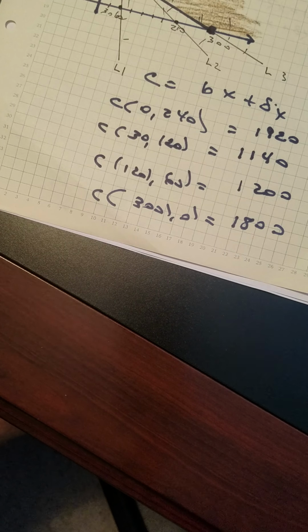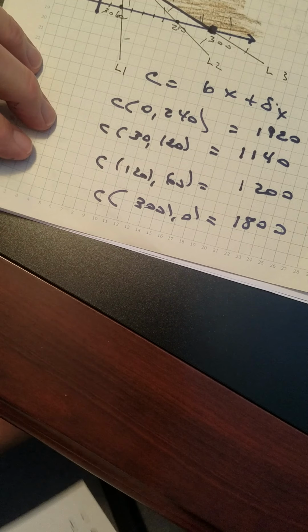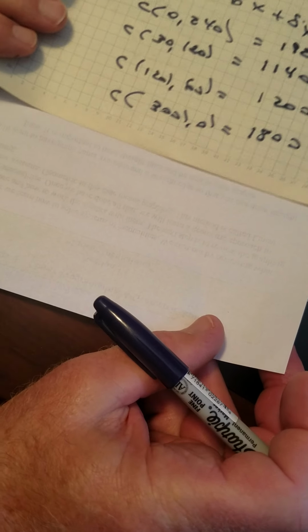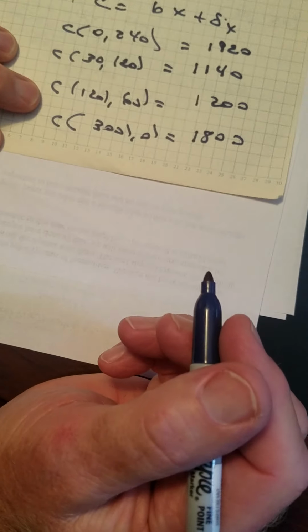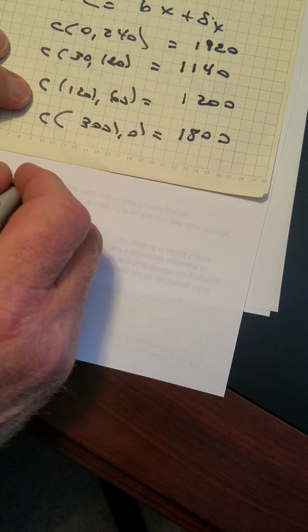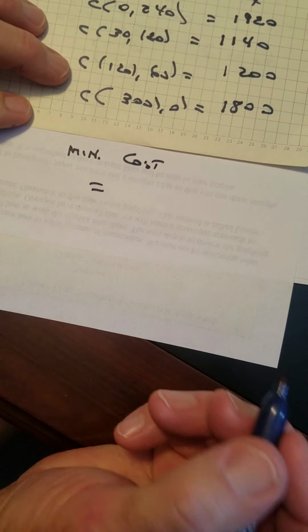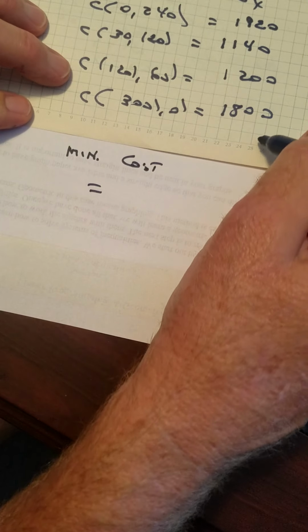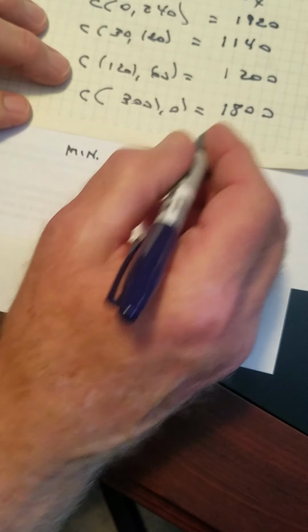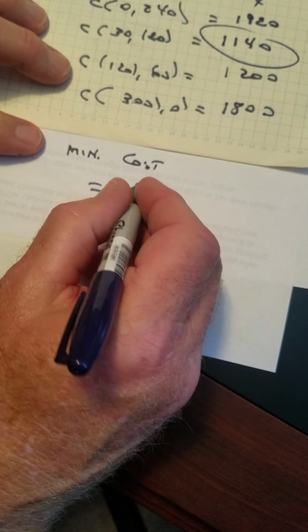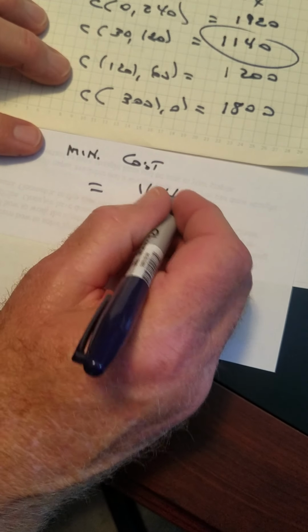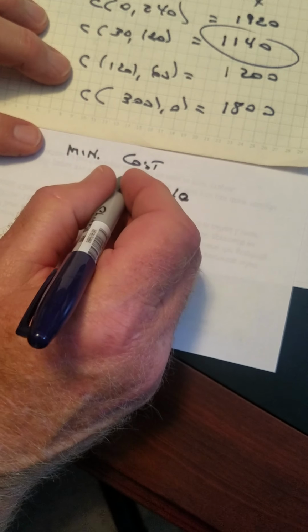So, finish it up here. We're finding a minimum. We want to minimize cost. So my minimum cost equals, what's my smallest one here? 1140. And remember, that was in cents, so that's $11.40.